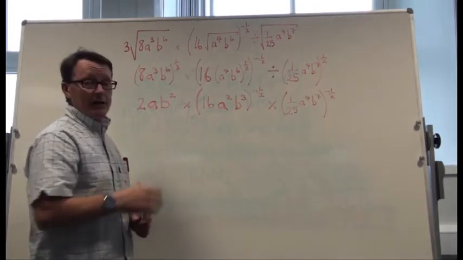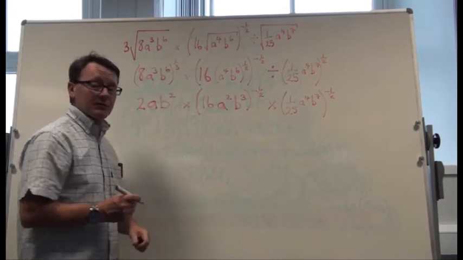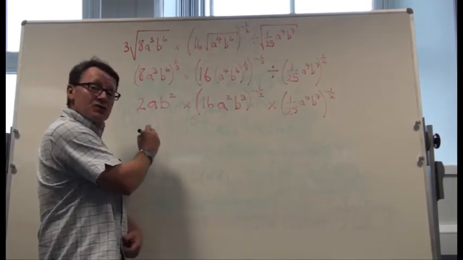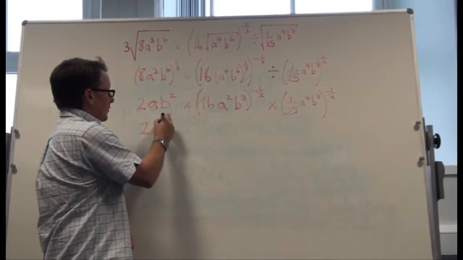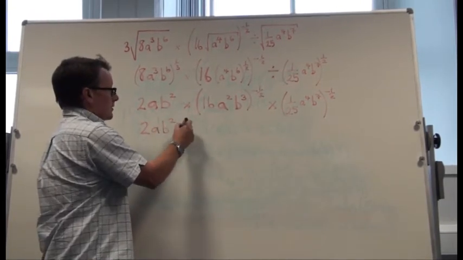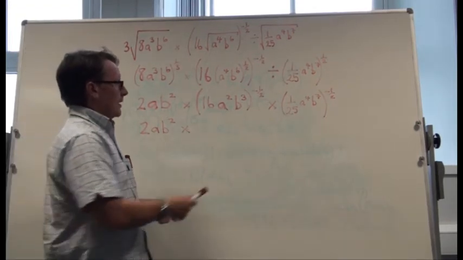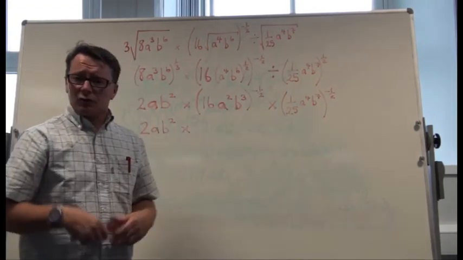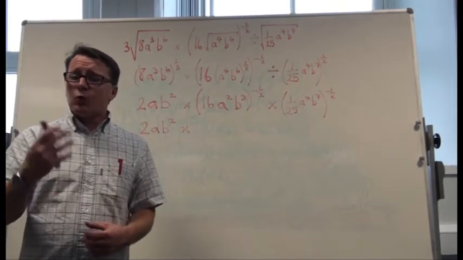Okay, so now I can tidy up the second and third expressions that I've got. The first one still remains, so please, when you're writing down your answers, you've still got to write that bit in. So if I bring in the power minus a half, the half means it's a square root, the minus means it's 1 over.